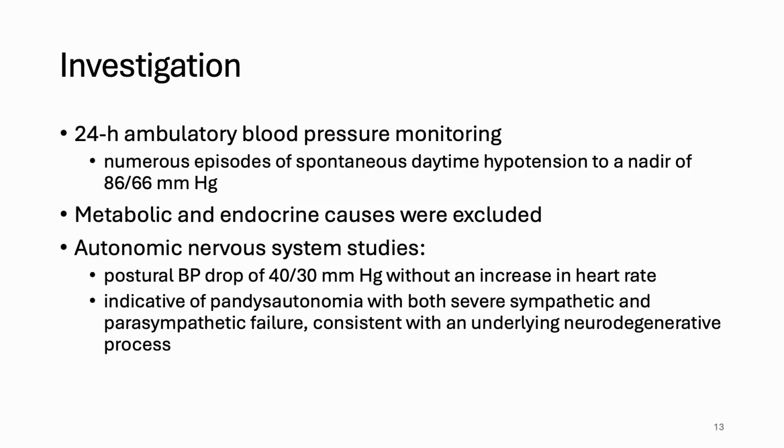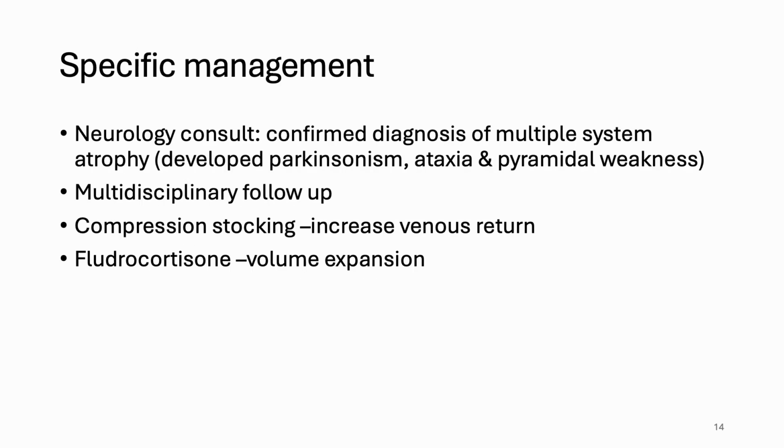They proceeded with autonomic nervous system studies and found a postural BP drop of 40/30 without an increase in heart rate. This is indicative of pan dysautonomia with a severe sympathetic and parasympathetic failure consistent with an underlying neurodegenerative process.